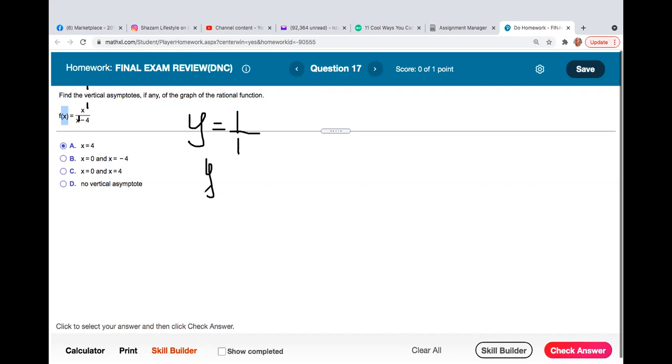So when you simplify this, the horizontal asymptote will be 1, okay? This problem is not asking for that. It's asking simply for the vertical asymptote, but you will see a horizontal asymptote question on the test, guys. So that's why I included that part of the problem.